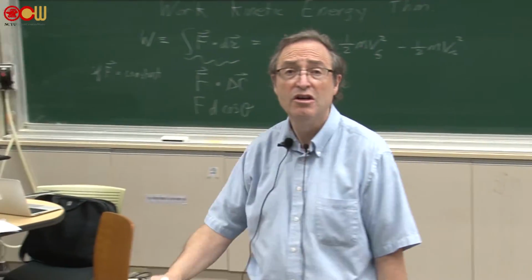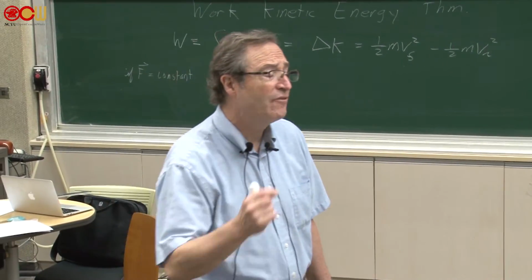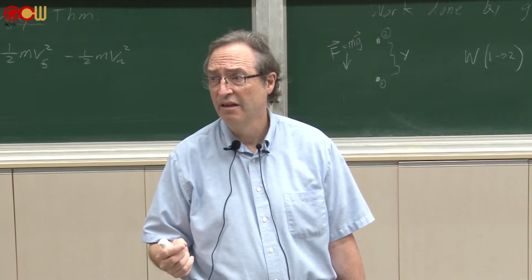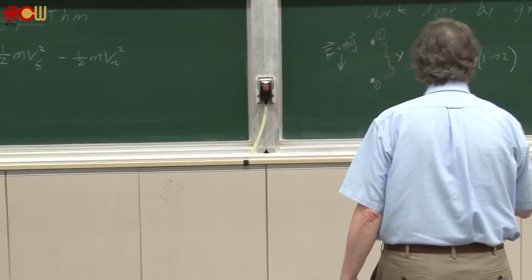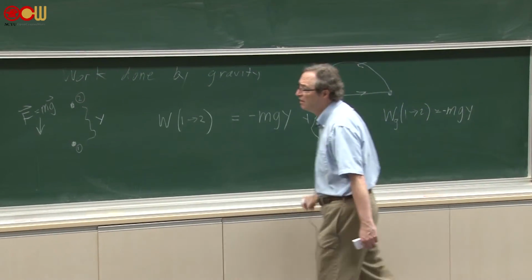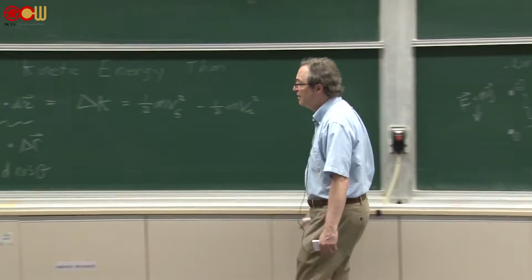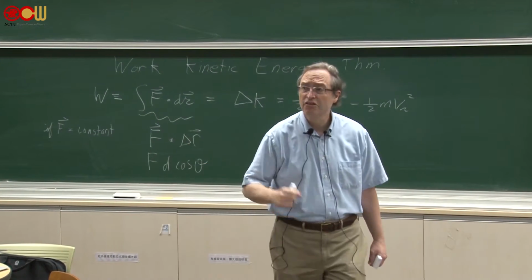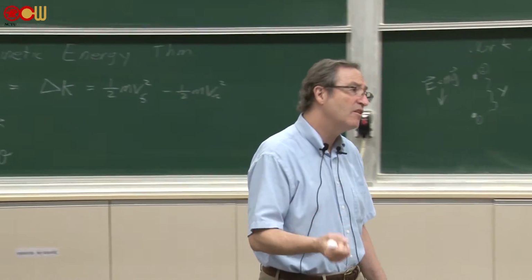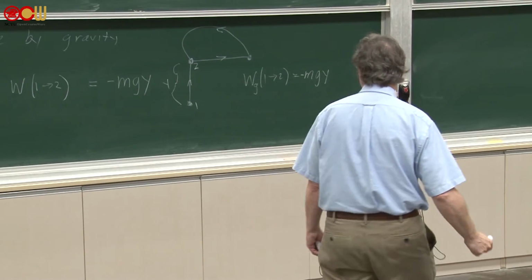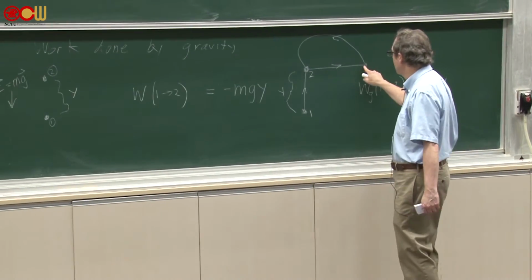It'll cancel because the force of gravity only depends on y, right? So if I integrate from here to here, okay, the change in y is 0. So because the change in y is 0, there's no work done due to gravity in going from here to here.